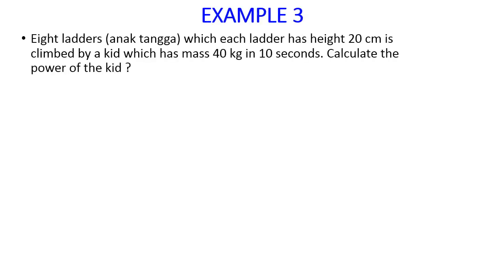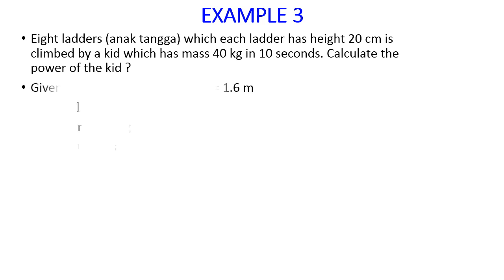Example 3. 8 ladders, each ladder has height 20 centimeters, is climbed by a kid which has mass 40 kilograms in 10 seconds. Calculate the power of the kid.